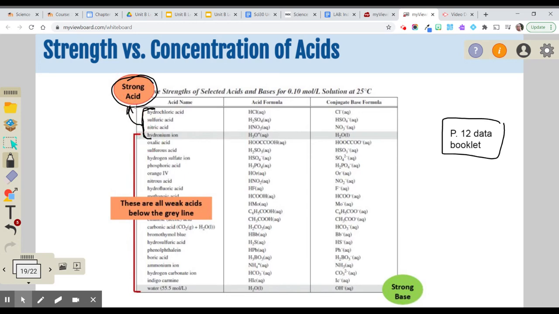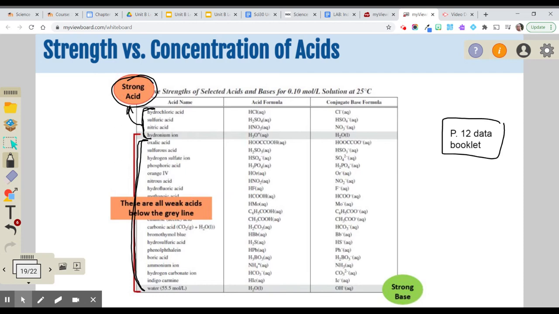Okay, they're all considered the strongest acids. That means when they go into water, they 100% all form hydrogen ions, like all of it. Then we have all these acids below the gray line, and they're all considered weak acids. So they still form acidic solutions, just nowhere near as strong as the ones above.